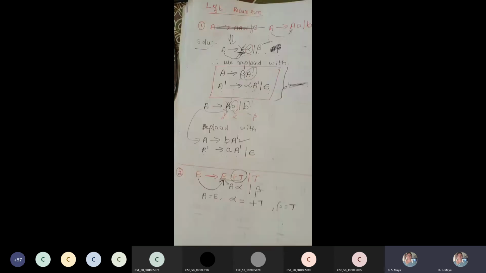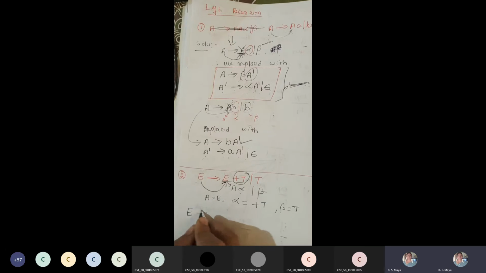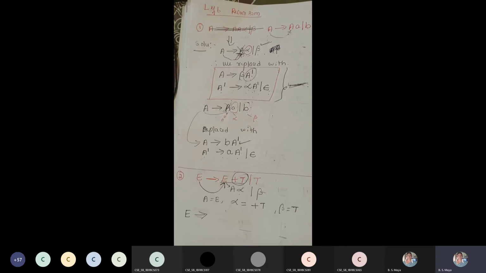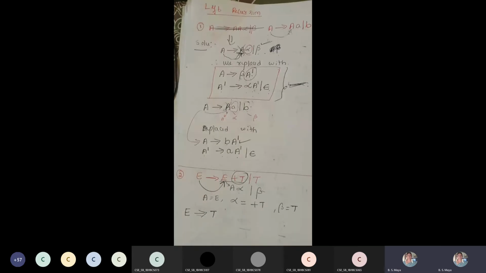Okay, now tell me the formula. How to replace now? What shall I write now? I write all the values now. Can you tell me, start with E? E derives what is beta? T. Very good. Beta is T. You can take a new non-terminal. Which one can I take? E derives T E dash. Very good.